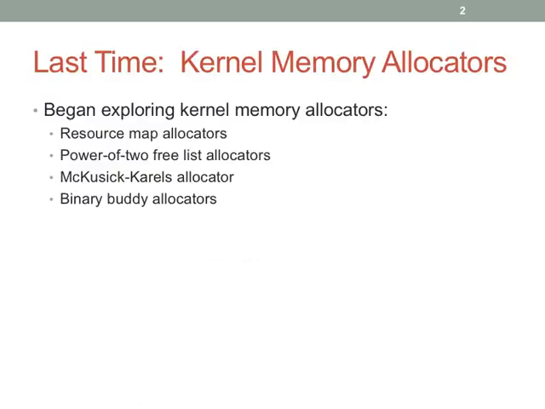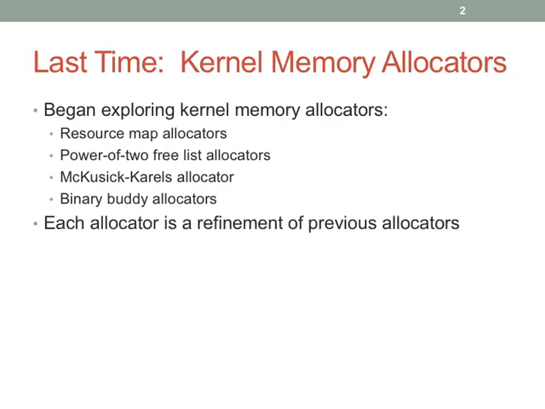Okay, so we started talking about these allocators. Resource map, which is just kind of like the CS24 style allocator. Power of 2 free lists. McCusick Carols, which again was a power of 2 allocator, but it would use individual pages or runs of pages as necessary. And then binary buddy allocator. So these are all sort of very simple approaches.